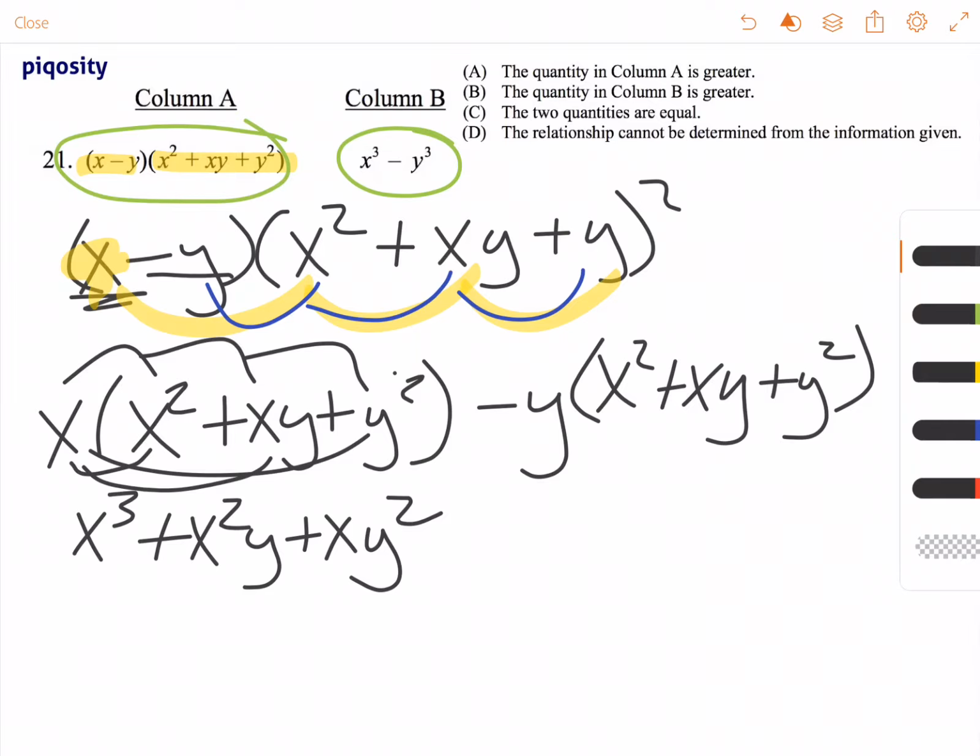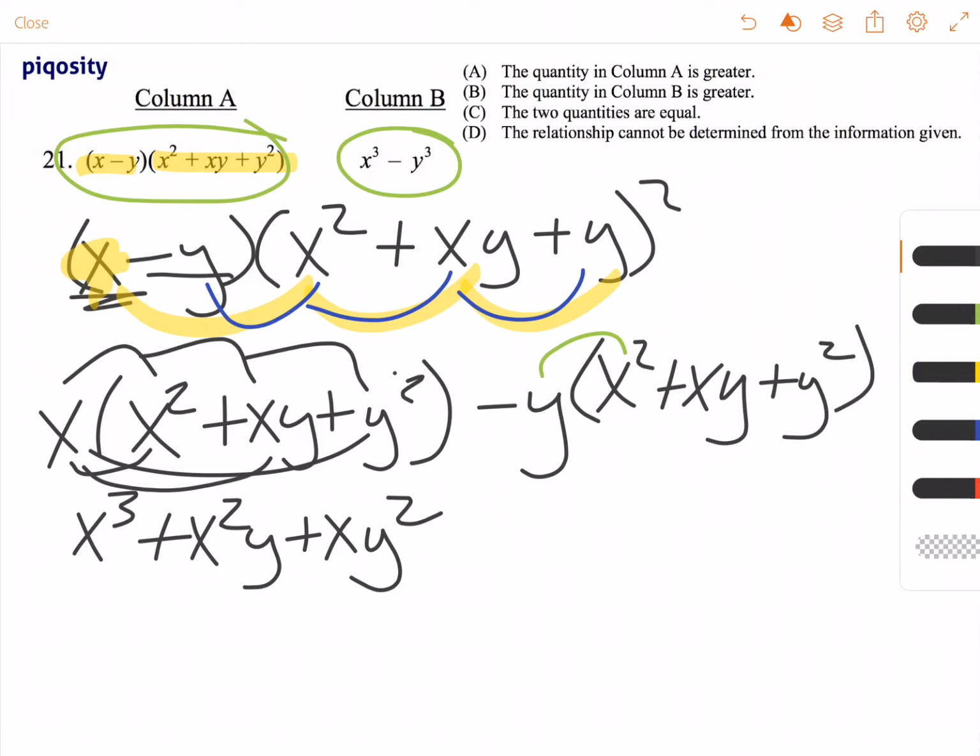Then do the same thing for this one over here. Negative y times x squared is minus y x squared. Now here's a problem though. If we write it like this, with the y coming before the x, it's different than the rest of the expression. So let's put it in the same order.